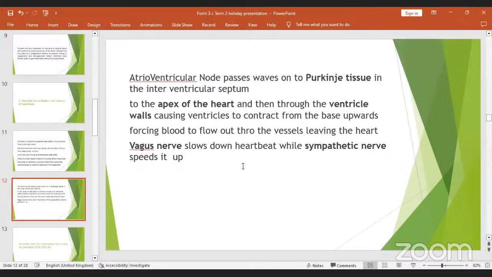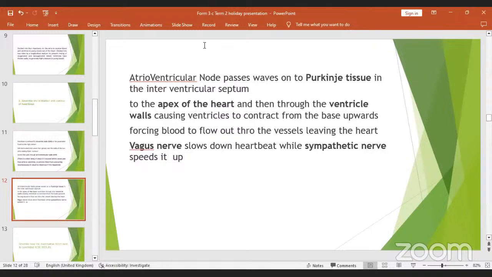That's why if you take time to watch a video of the heartbeat, you will realize that the contraction starts from below, and then they push upwards. Okay? So then now you can come and conclude saying that the vagus nerve now slows the rate.